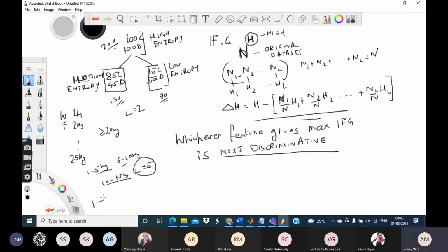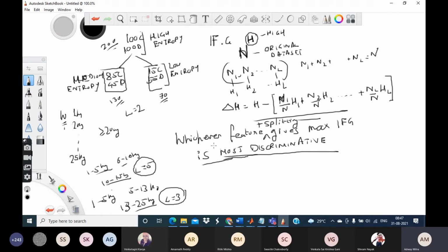I may go for 1 to 5 kg, 5 to 13 kg, and 13 to 25 kg, so L equal to 3. So it is not just the feature but also the split: whichever feature plus splitting gives maximum information gain is the most discriminating.